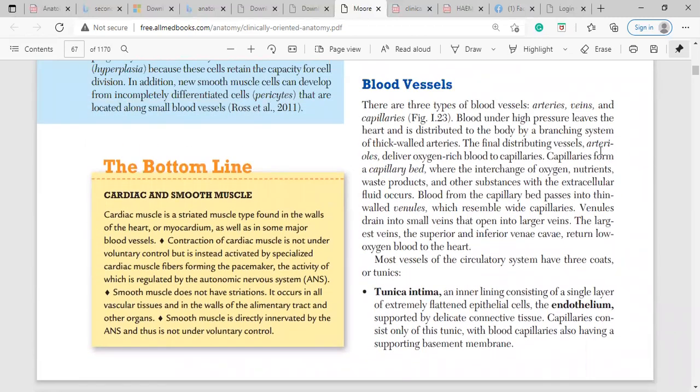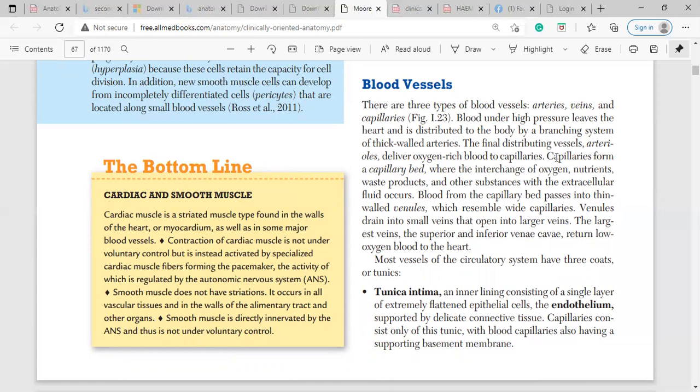Now, once these arterioles get to capillaries, they form what we call capillary beds, where there is exchange of oxygen, nutrients, waste products, and other substances with the extracellular fluid.